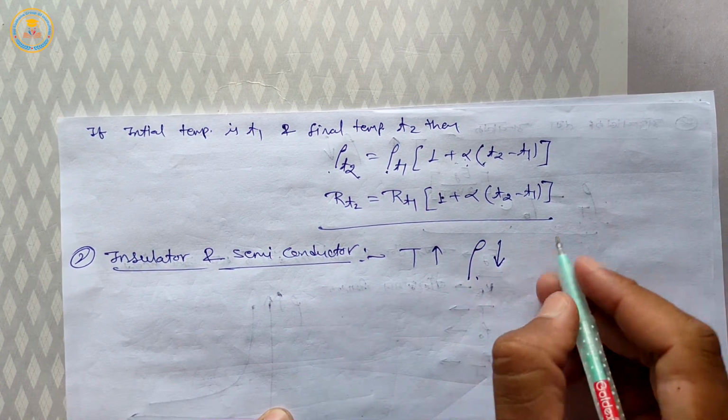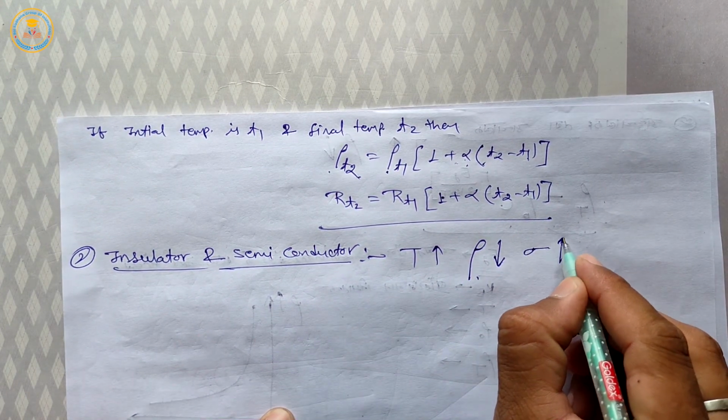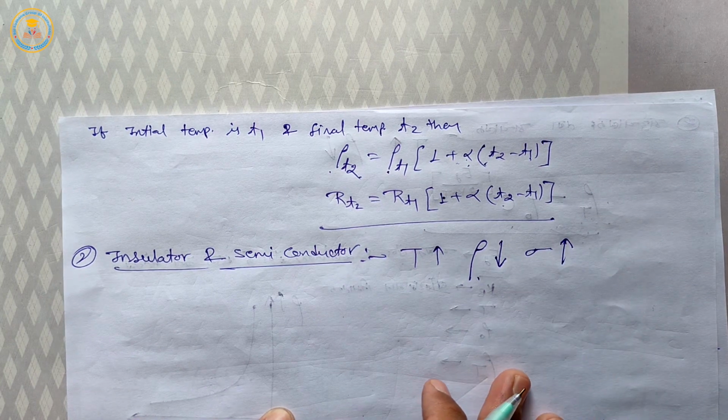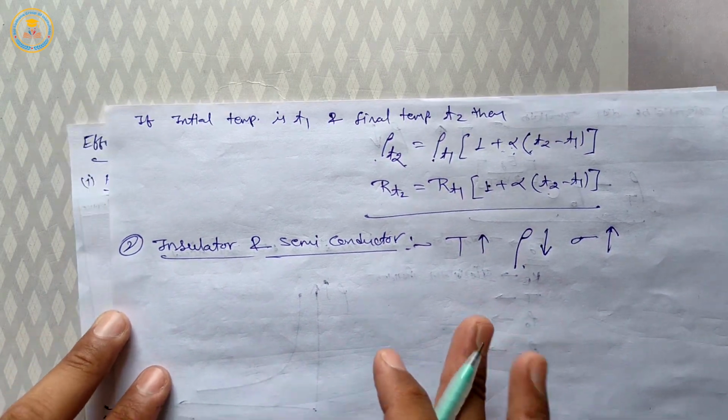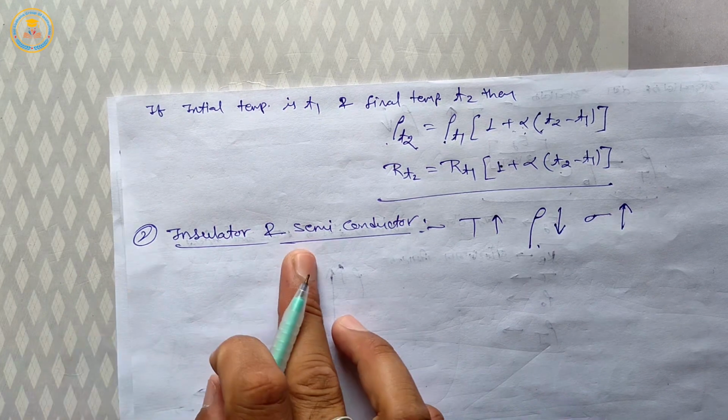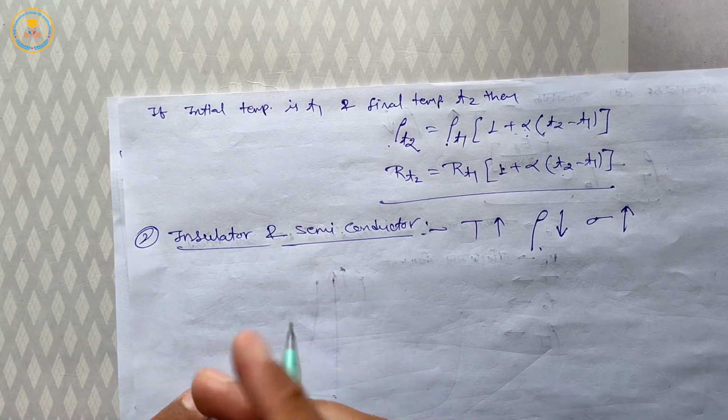It means conductivity increases exponentially. Okay, and this dependency is represented by this equation.